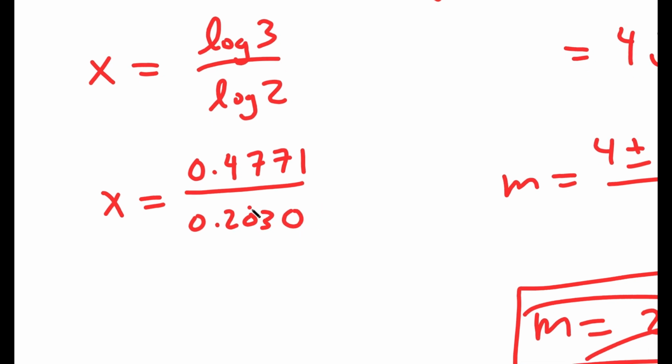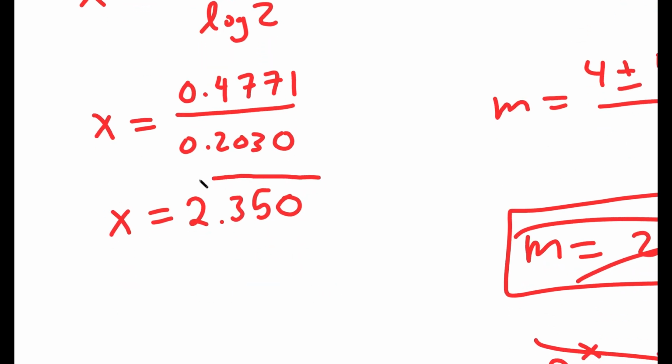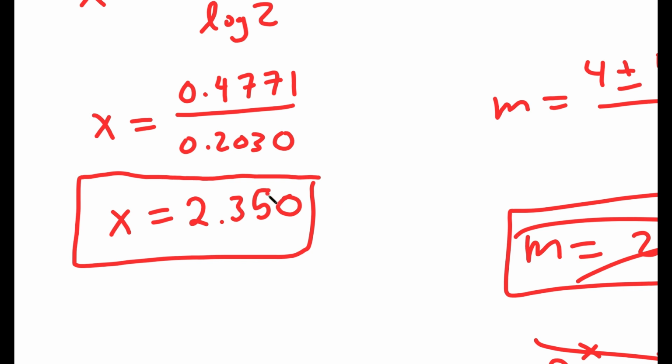So if I divide log 3 by log 2, which is 0.4771 divided by 0.3010, I get x is equal to 1.585. So this is my solution to this equation. x is equal to 1.585.